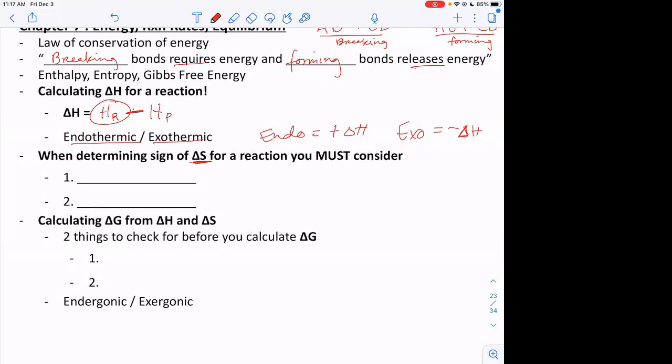If I give you a reaction where you have A plus B makes AB, and this is a solid, and this is a gas, and this is a gas, what are you going to look at? State of matter.